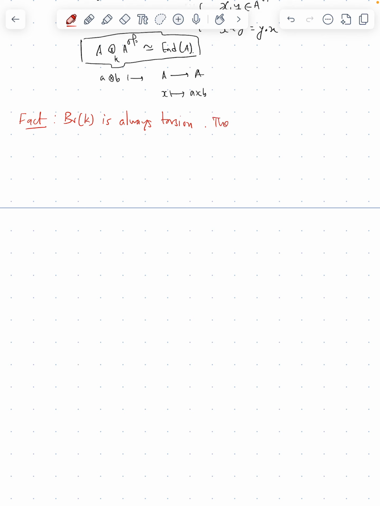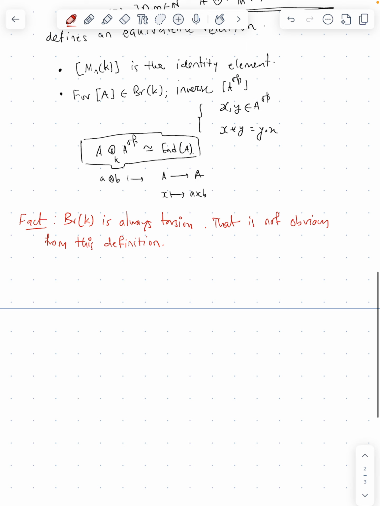That is not obvious from this definition. For that we need another alternate definition, which is actually more useful in practice. So we'll come to it later.